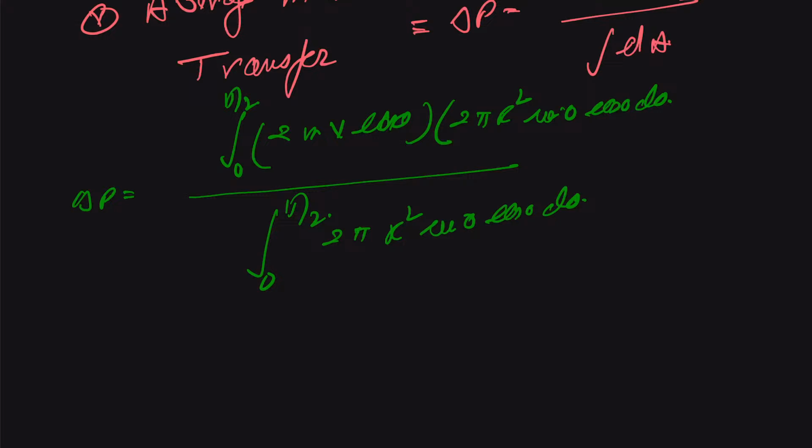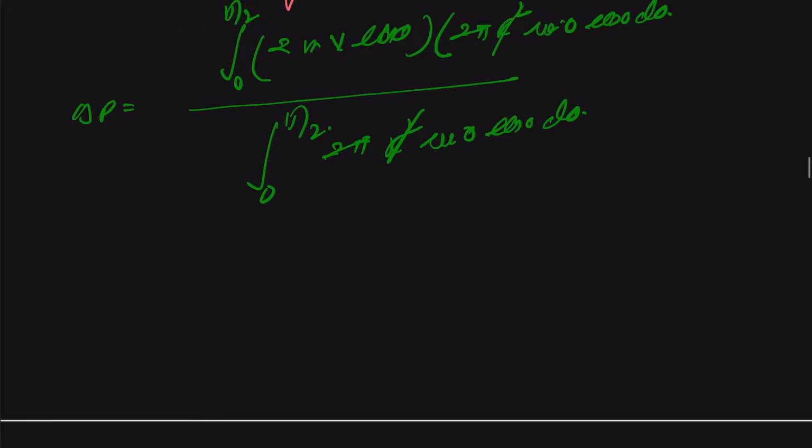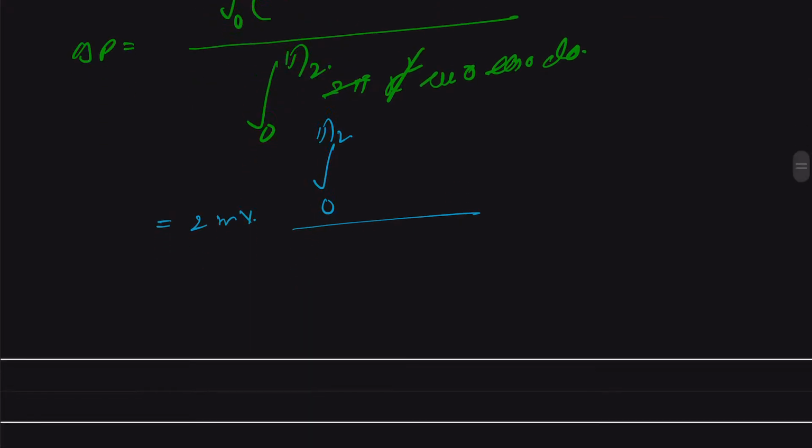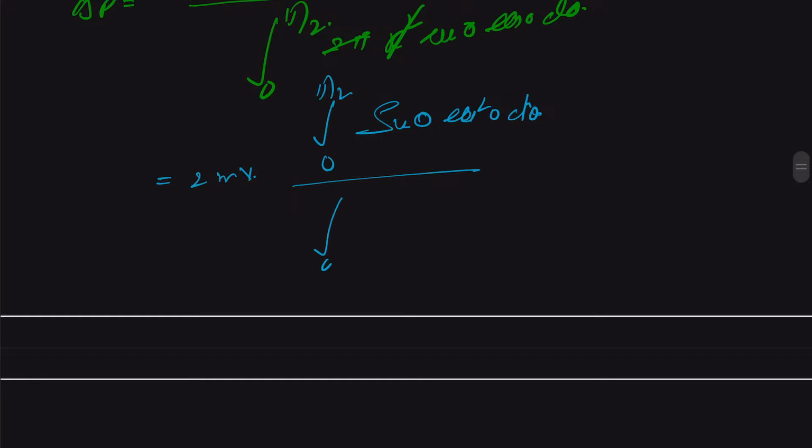This 2 pi and 2 pi cancel out, and we also cancel out r square, so we are left with 2 mv times the integration from 0 to pi by 2 of sine theta cos square theta d theta, over the integration from 0 to pi by 2 of sine theta cos theta d theta.